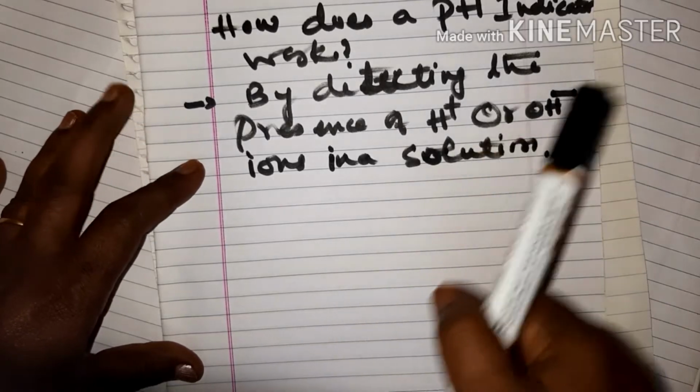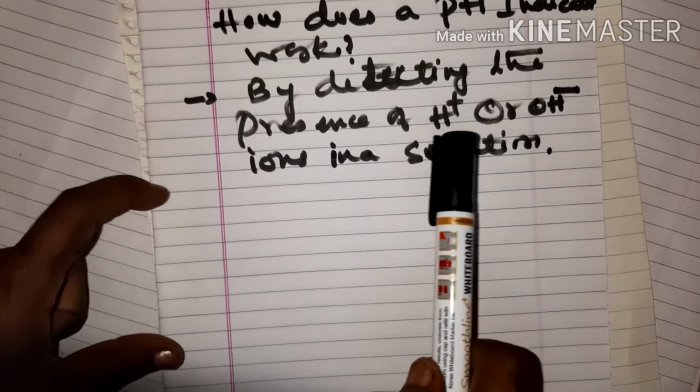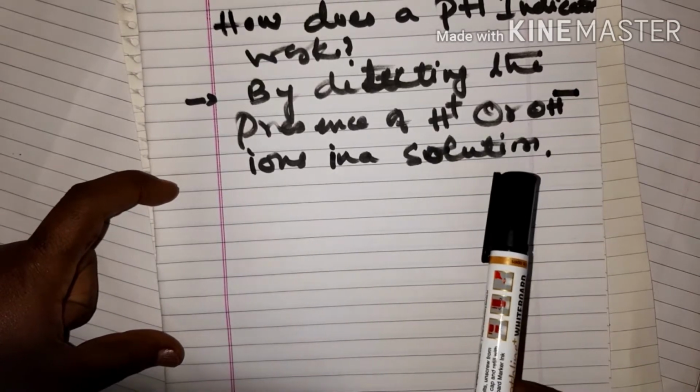Okay children, how does a pH indicator work? It works by detecting the presence of H plus or OH minus ions in a solution.